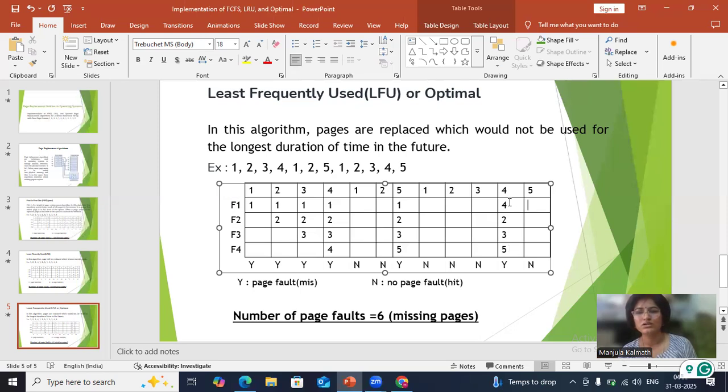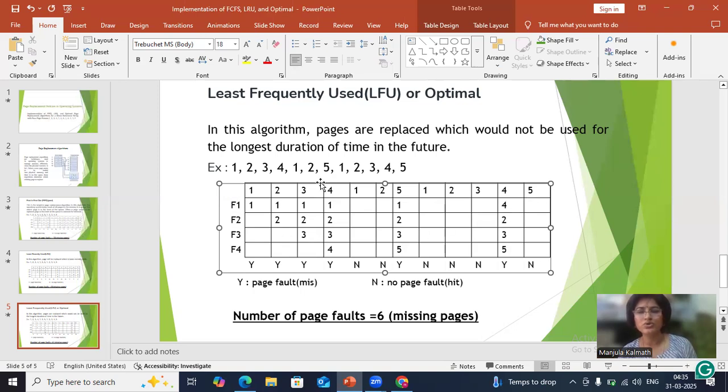So here 1 is replaced with 4, and this one is 5. Next required page is 5, which is already available in the main memory. So no page replacement, no page fault for this one.